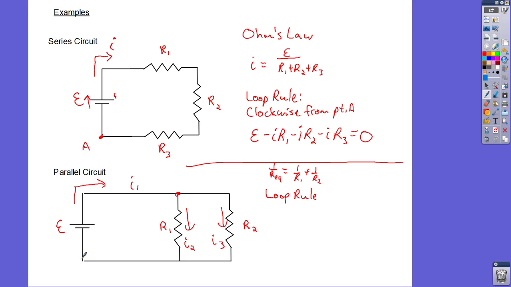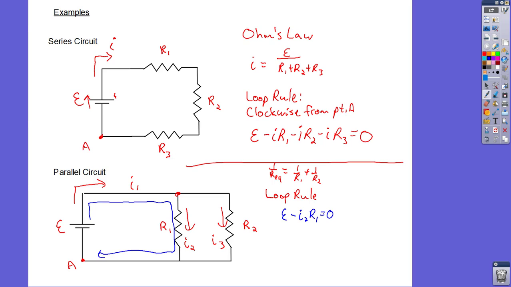So in this parallel circuit, I'm going to start at A again. Okay, so there are 2 paths around the circuit. So we can actually have 2 equations from the loop rule. So you could go through R1 to get back to A. So the equation we would have there is the EMF of the battery minus I2 R1 equals 0.